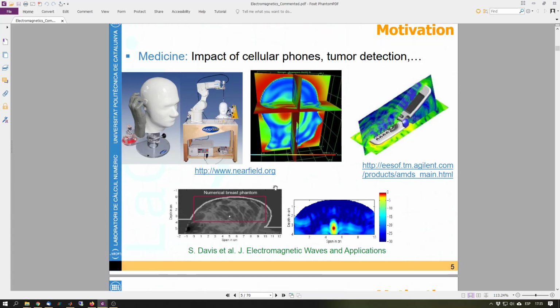As we have already mentioned, we have applications in biomedicine to see how our scalp is affected by the electromagnetic field.